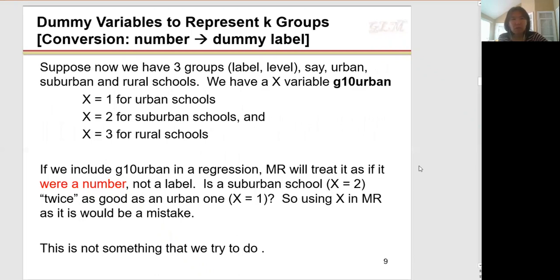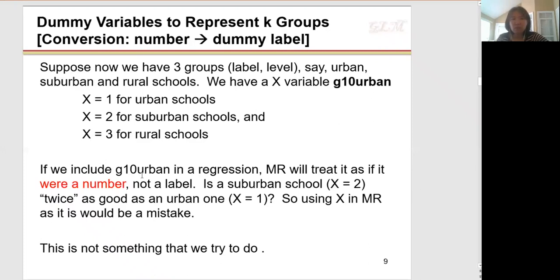Suppose now we have three group levels, say urban, suburban, and rural. So we have three categories, three options. So in that case, we have to make two different dummy variables. So urban and non-urban, and suburban and non-suburban, something like that.